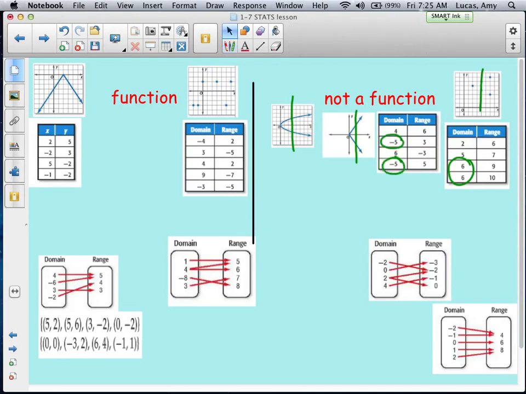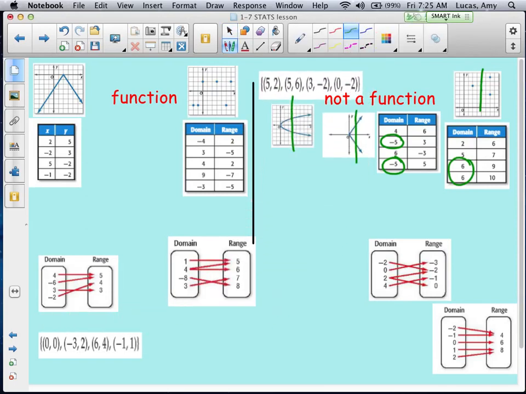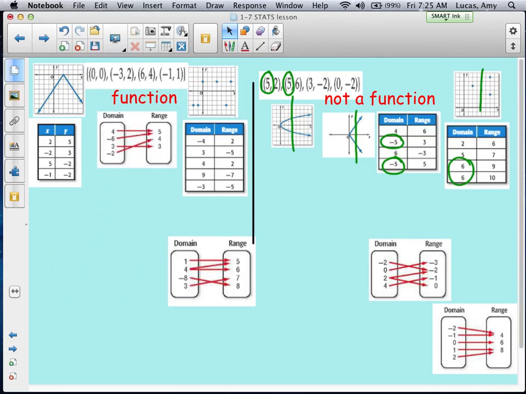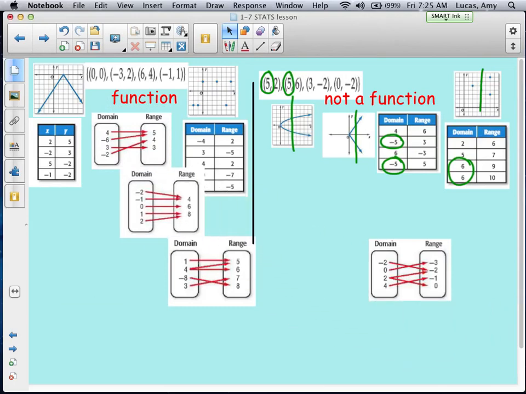Okay, now the ordered pairs. I see 2 5s in this one, in my x values, or my domain. This one, I don't see any repeats at all for the first numbers. Remember the first number in the ordered pair? That's your domain. No repeats because each arrow comes off of those ones. No repeats.